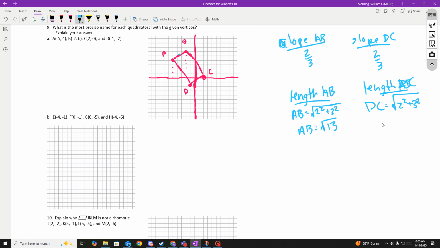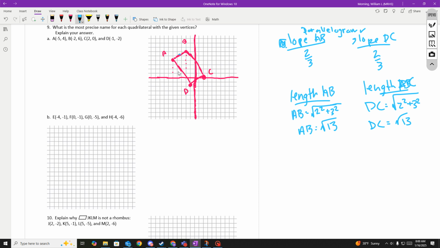DC is equal to square root of 13. Okay, so this is a parallelogram. Now that we know it's a parallelogram, check.